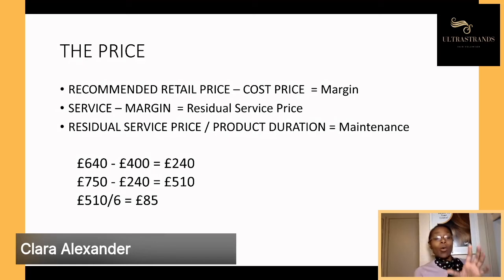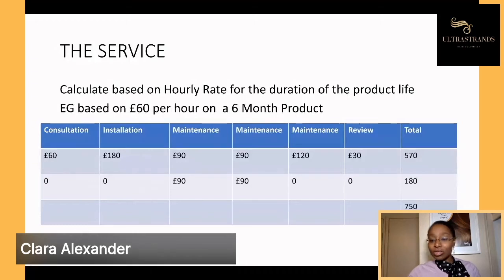Now, the service minus your margin is equal to your residual service price. Okay, so now when we were looking before in the previous slide, this total here, 750, is your service, because everything here is service. There is no product at all incorporated in this. This is all about the service, okay?